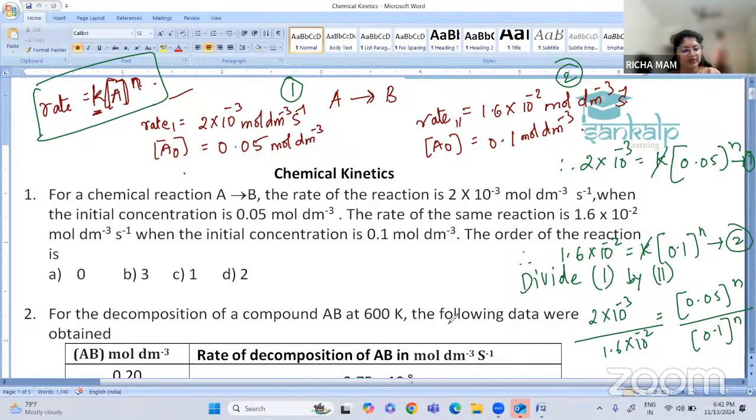So this will be 1.6 into. After substituting this, I'm going to get, okay, Shivaruni has answered as B.